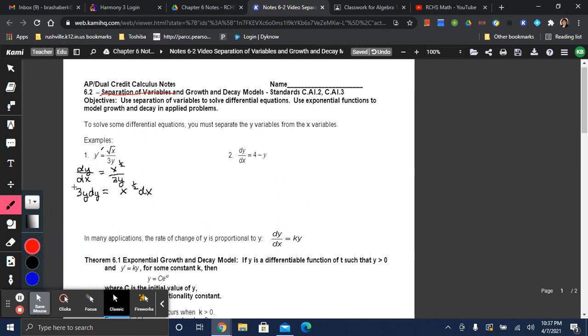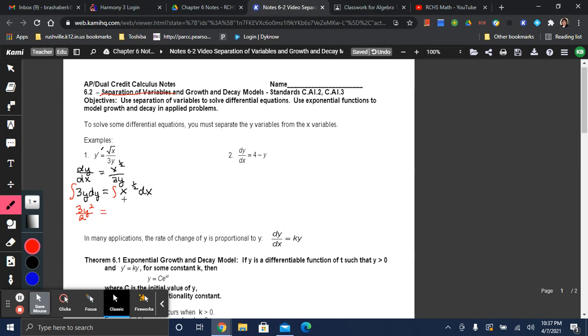And then to solve a differential equation, you integrate. So we'll integrate both sides, and we can do the power rule for this one. So we would have 3y to the second over 2, and we'll put the plus c on the side with the x.